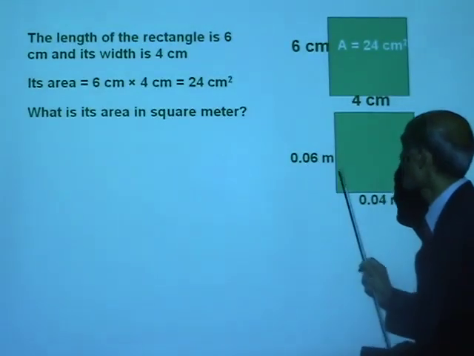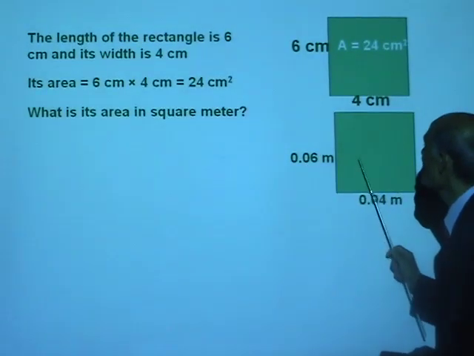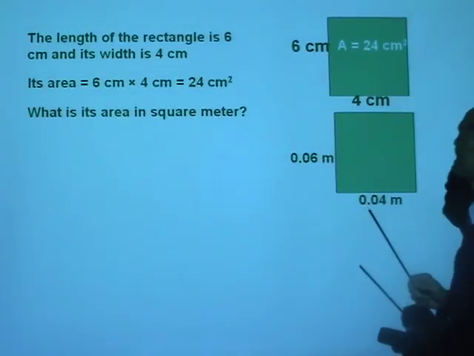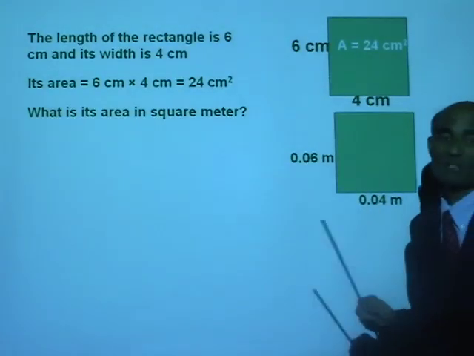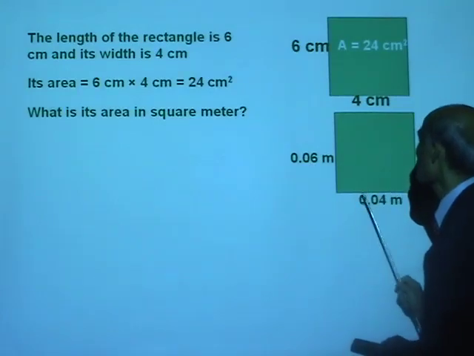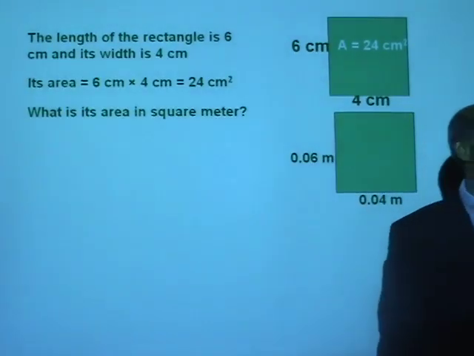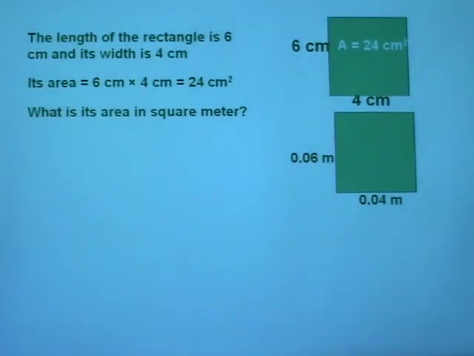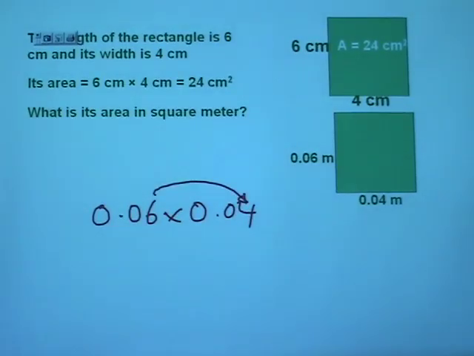Can you multiply these two numbers and give me the area of this rectangle? What is the area equal to? How would you multiply 0.06 by 0.04? I know some of you may have difficulty with that. What you need to do is, with 0.06 multiplied by 0.04, first multiply the numbers. 6 times 4 is 24.